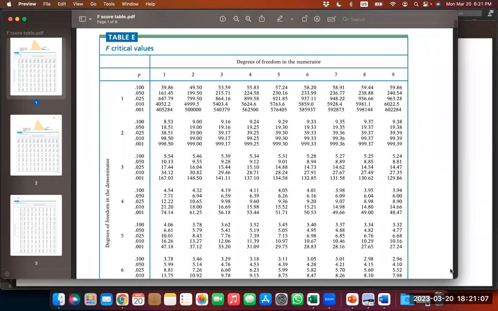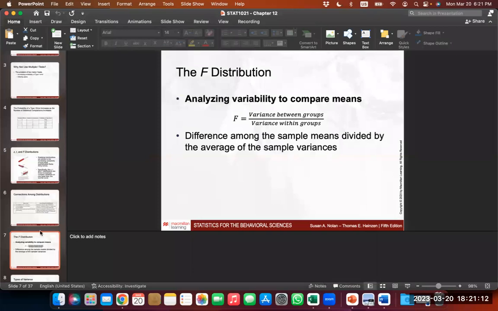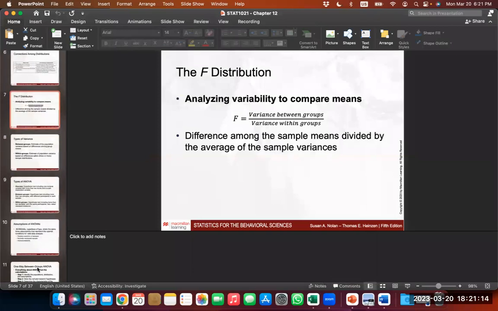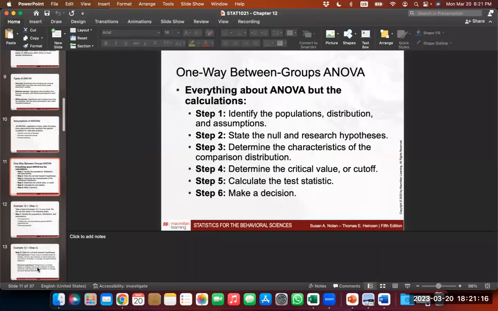And we will learn how to calculate it in a second. That's how we determine our critical value.